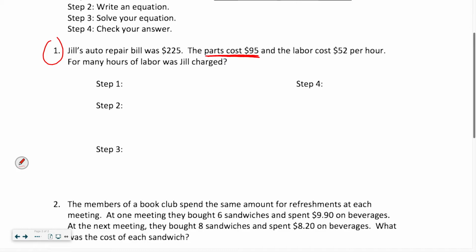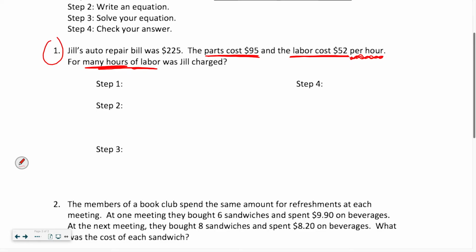Something broke on her car, she needed a new tire. Okay, it cost $95. But then you also have to pay for the cost of the people who actually are doing the repair. That's called labor. Okay, so the labor also costs $52 per hour. Okay, per hour, that's a key idea there. And then the question is, for how many hours of labor was Jill charged?